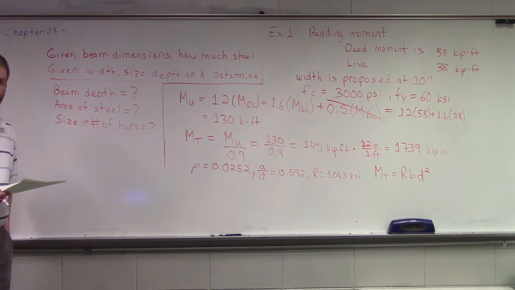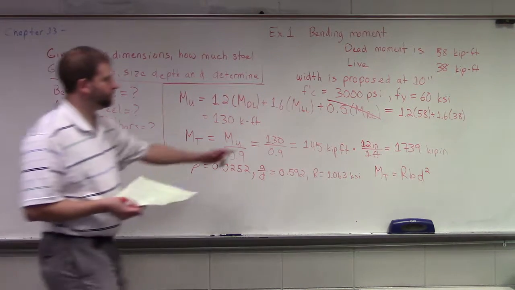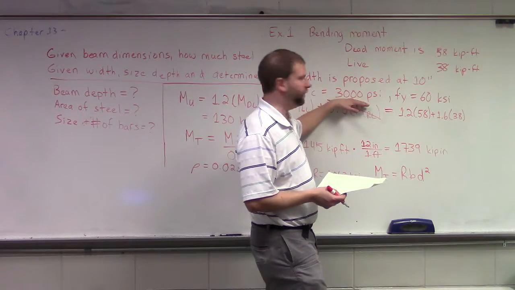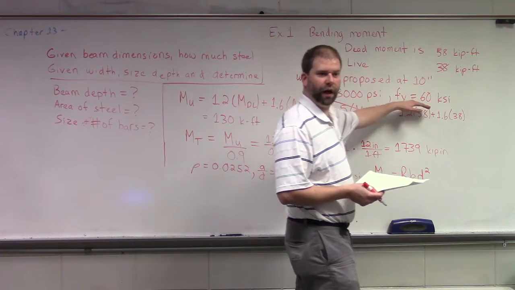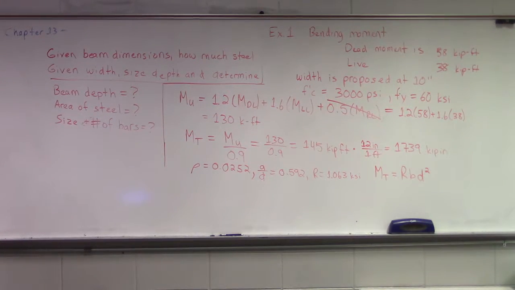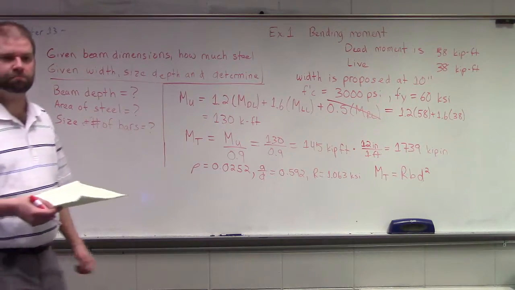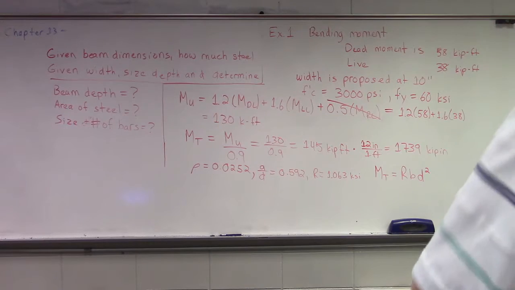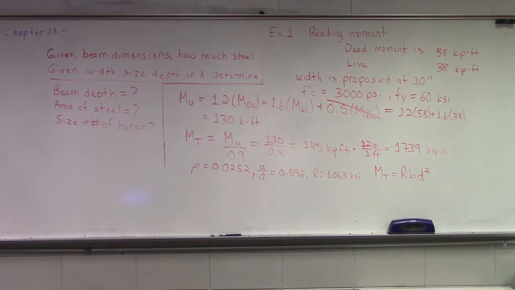Why'd you use that value out of the table though? 3,000 PSI design strength, 60 KSI yield strength on our steel. So all of these are for 60? Correct. But how do you know?